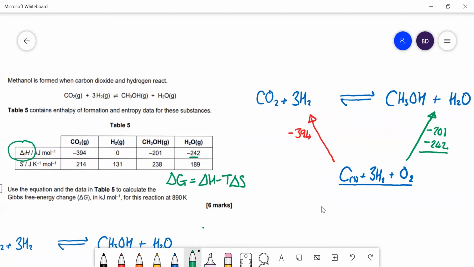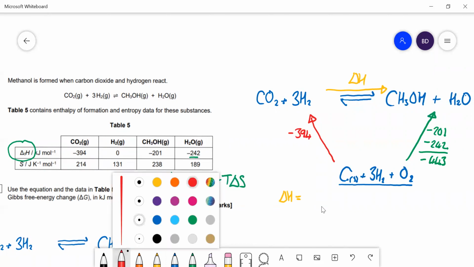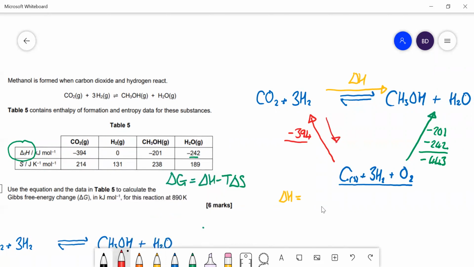So if we add those together, we're going to get 443. Now we want to find out delta H for that forward reaction. That's what we need to find out. So delta H, well, you can see there we are going against this red arrow, so we change the sign to a plus.